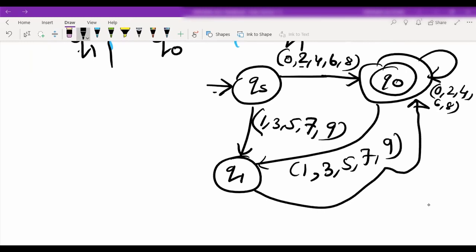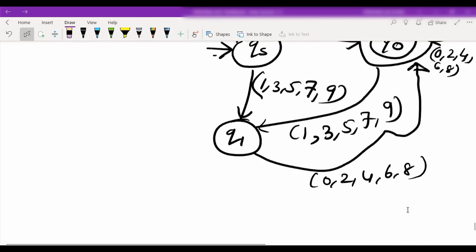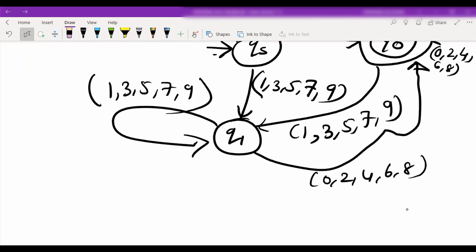On 0, 2, 4, 6, 8, it goes to the final state, and on 1, 3, 5, 7, 9 it goes to itself. That's why we have the self loop. So this is how we have designed the finite automaton for decimal numbers divisible by 2.